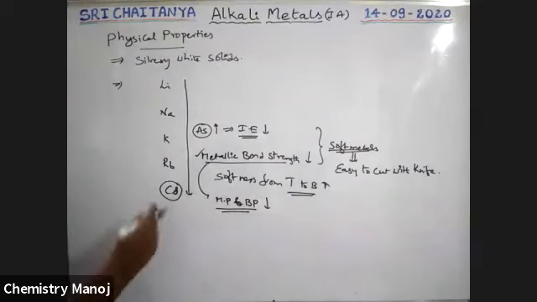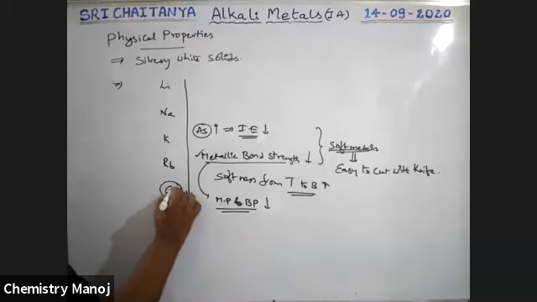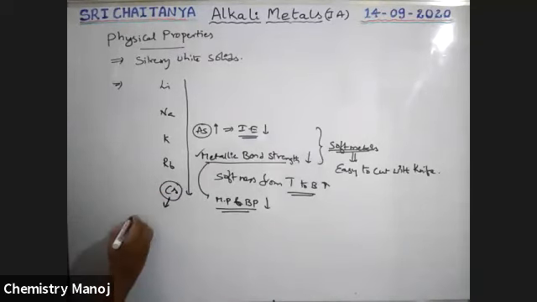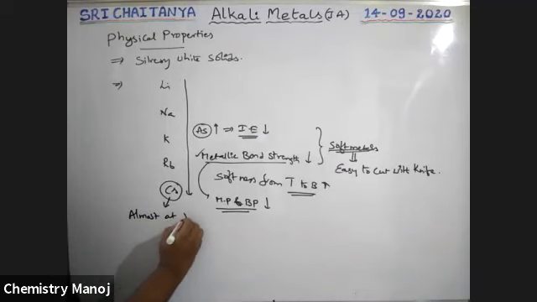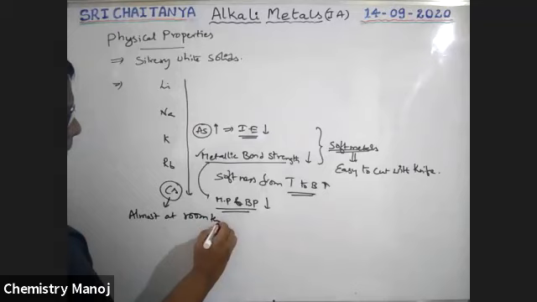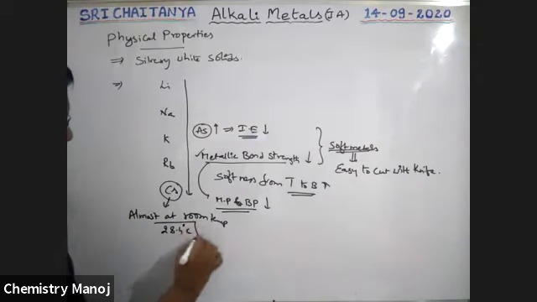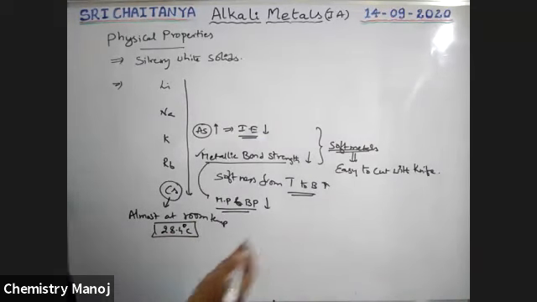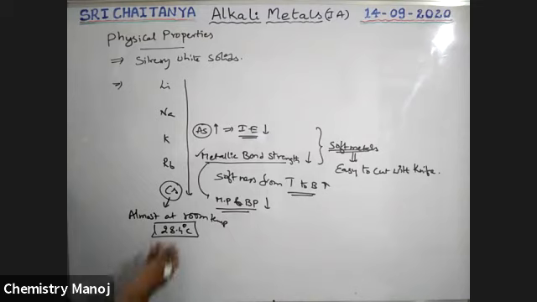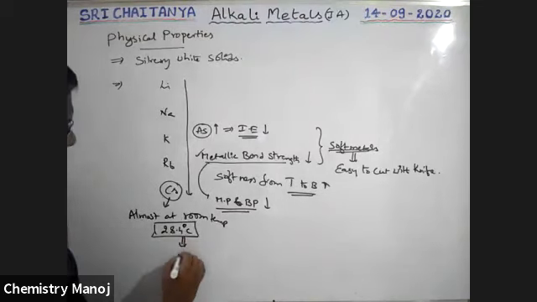Because of this reason, the last element cesium is at almost room temperature, the temperature being 28.4 degrees centigrade. Actually, room temperature we consider as 25 degrees centigrade, but it is 28.4 degrees. So it is liquid in state.